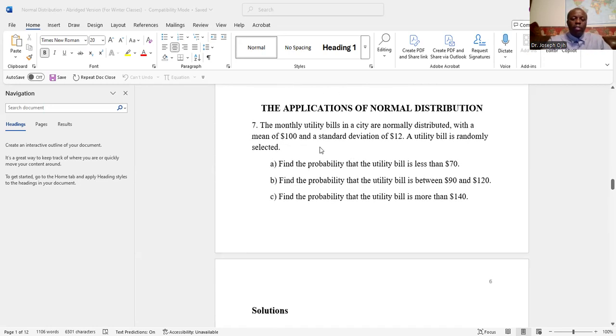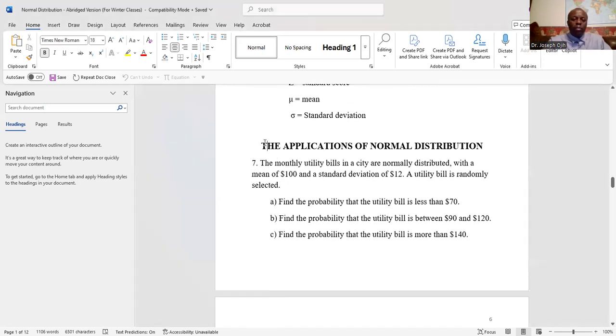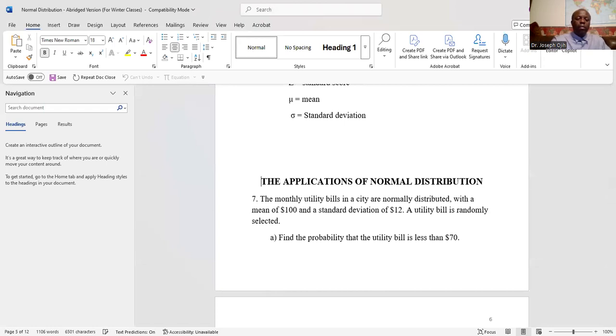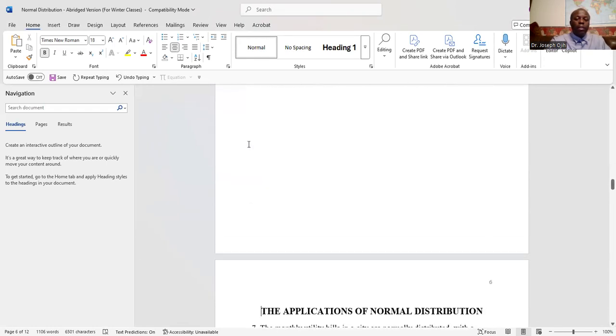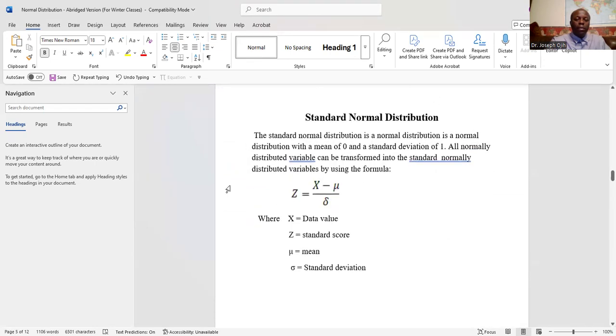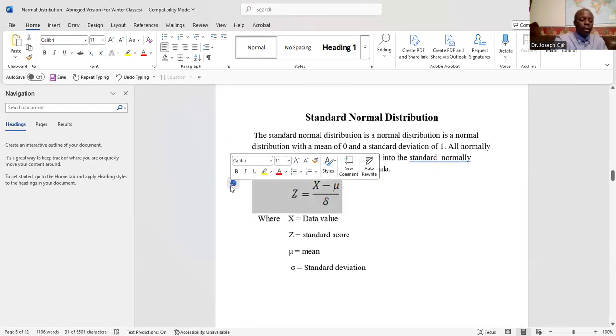So look at this question here. Let me copy this formula here because that's what we'll be using.